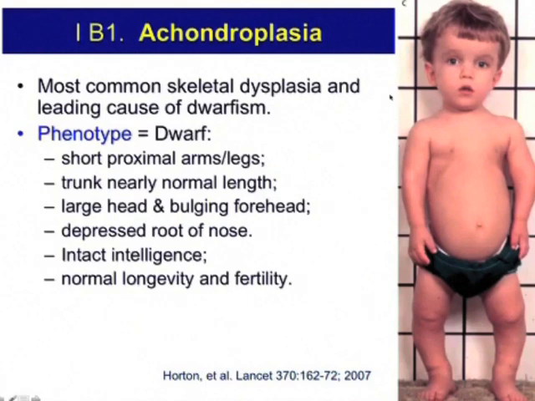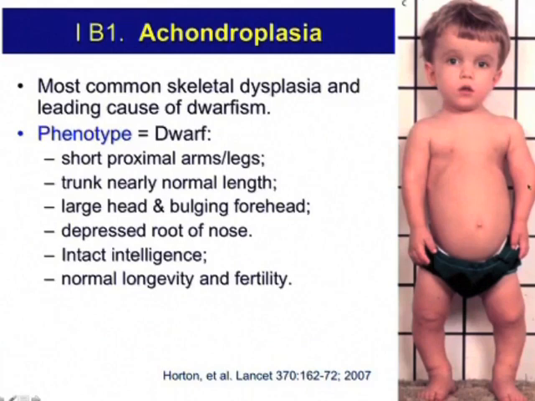So, the growth plates are important here, right? In your limbs, that's where you get endochondral ossification. So if you think about what's going to happen in these kids, they're going to have short limbs, and they're going to have a relatively normal length of the trunk, because cartilage is not necessarily the way that your trunk grows, right?